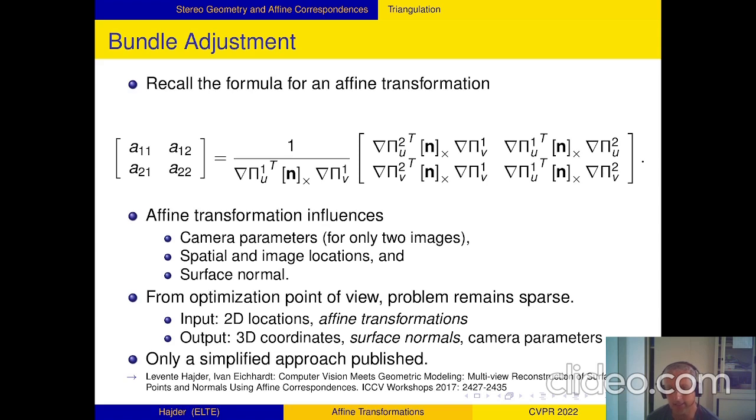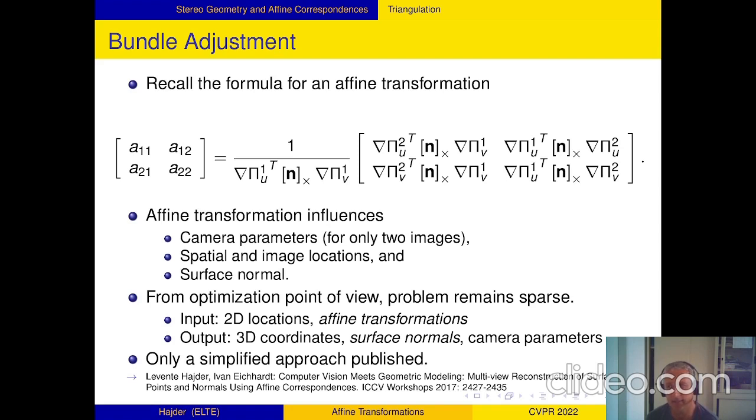In that case, the three-dimensional model of the object is not only the spatial locations, but the surface normals. So the oriented point cloud is the output. And in that case, the specialty of the Bundle adjustment algorithm is that the problem is very sparse. So in the normal equations there are many zero coefficients.